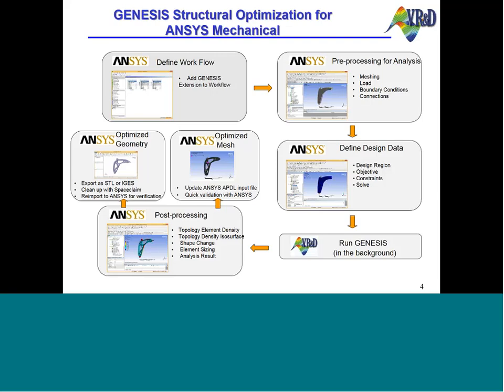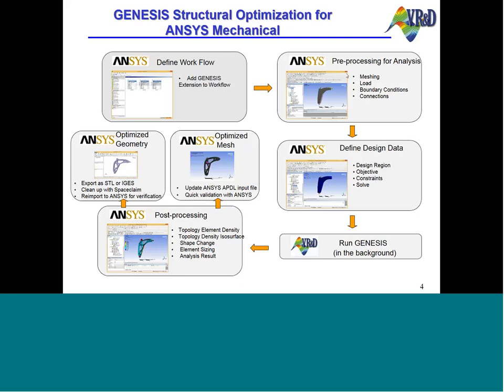Here is the Genesis extension workflow inside ANSYS. So typically, the user will start with defining the analysis workflow, and then they can add the Genesis system to share the model information with other ANSYS analysis systems.